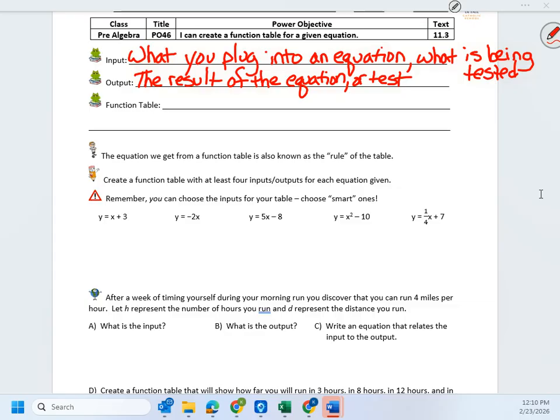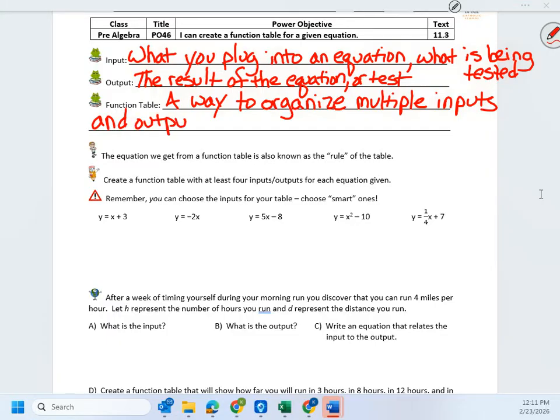Okay. So a function table is a way to organize multiple inputs and outputs to get ordered pairs to graph.